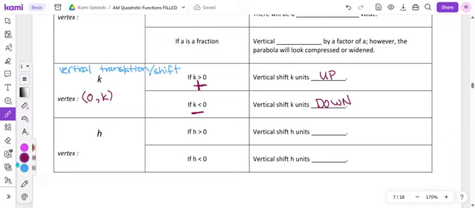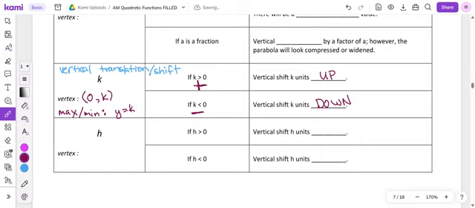What's the other thing that's determined by the k? Not the y-intercept. It's not the axis of symmetry. Pardon? No. Yeah. The max min. The max or min is going to be y equals whatever your k is.